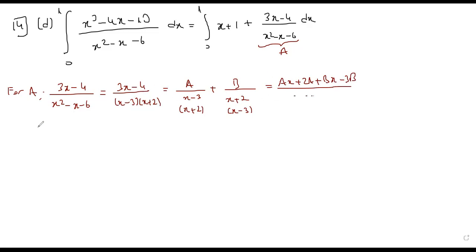So by solving the system, a plus b, the multiple of x, is equal to 3, and the rest, 2a minus 3b is equal to minus 4, right? So by solving them, you will get a is equal to 5 and b is equal to 2, right?